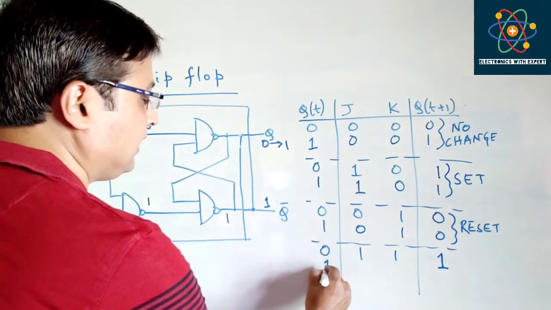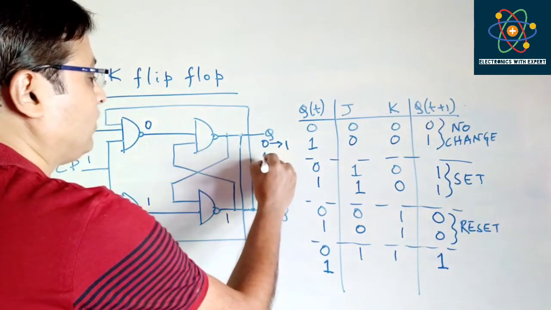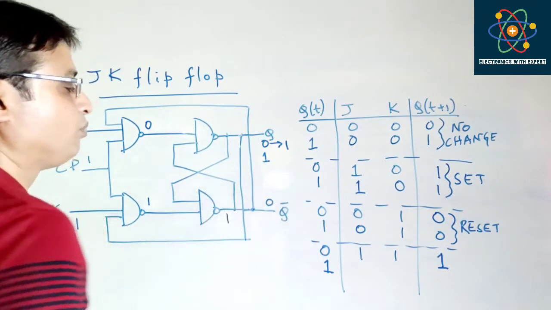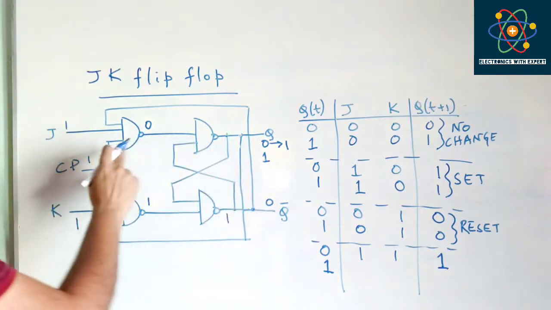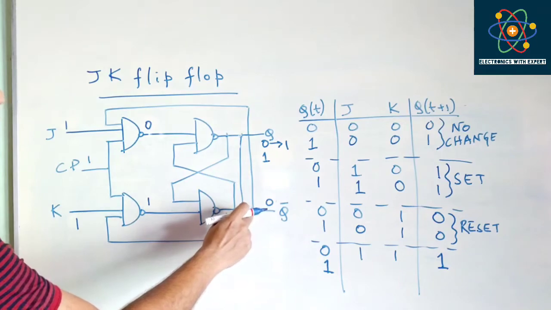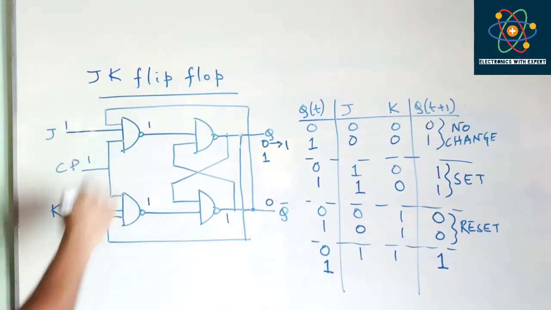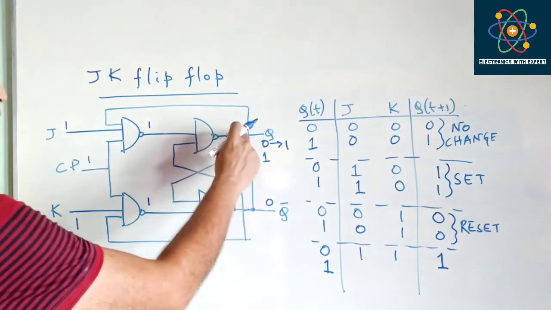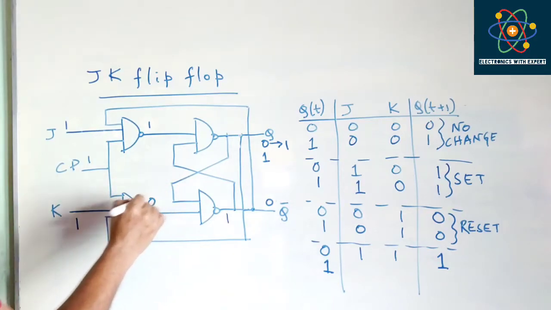Let's consider if Qt equals 1. If Qt equals 1, it makes the Q bar output equal to 0. So again, considering this NAND gate, one of the inputs is 0, so this makes this NAND gate output 1, and for this NAND gate, all the inputs are equal to 1, which makes this NAND gate output equal to 0.